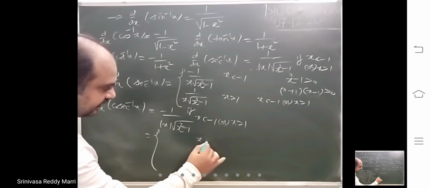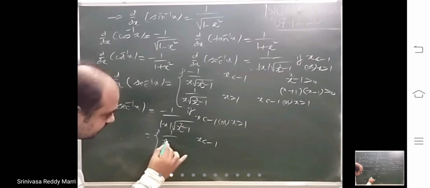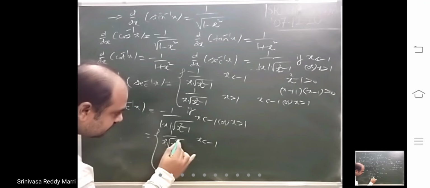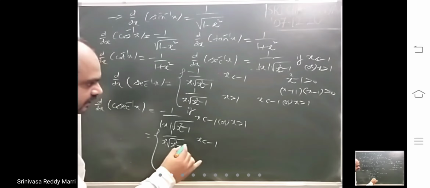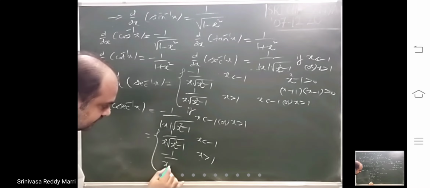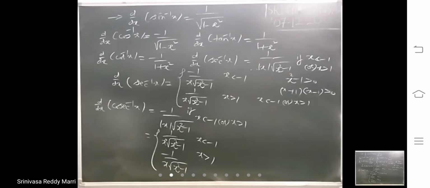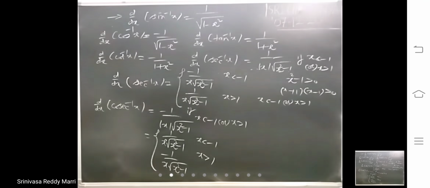In the domain, if x is less than minus 1, this will become minus x. When x is greater than 1, this will become plus x. Like that, remember this basic rule. So these are the inverse trigonometric functions.